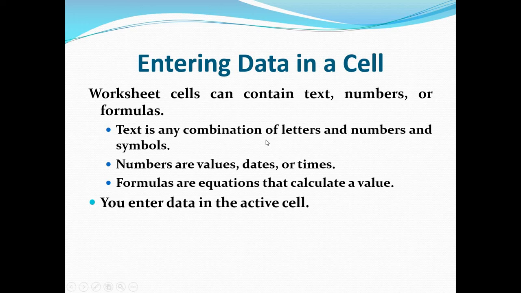If you start writing in the active cell starting from a letter, it is a text. Numbers can be either a value, a date, or a time. Formulas are equations that calculate a value. All these options can be entered as data in the active cells.